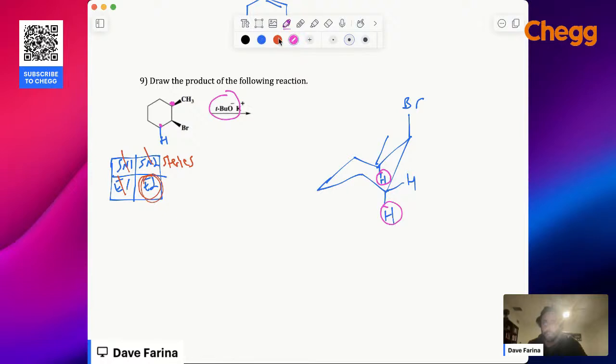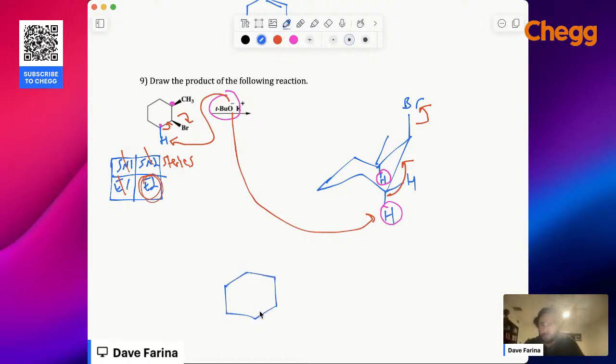What's going to happen is, because of the sterics of the base, it is going to attack at that location and then make the pi bond there and kick that off that way. So if we're looking at it from over here, it's going to get this proton. These electrons in that carbon-hydrogen bond will form the pi bond, and then these electrons will leave with the leaving group.